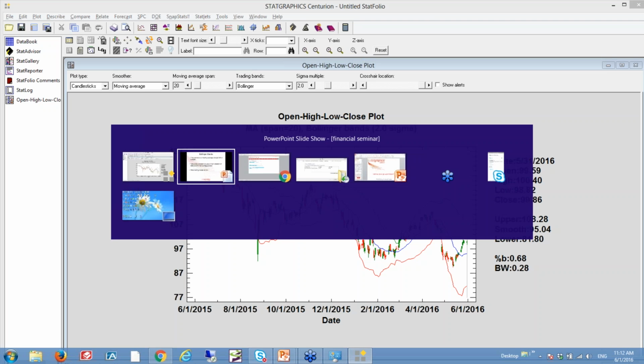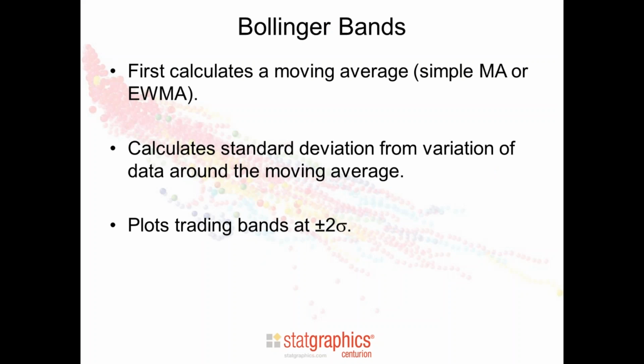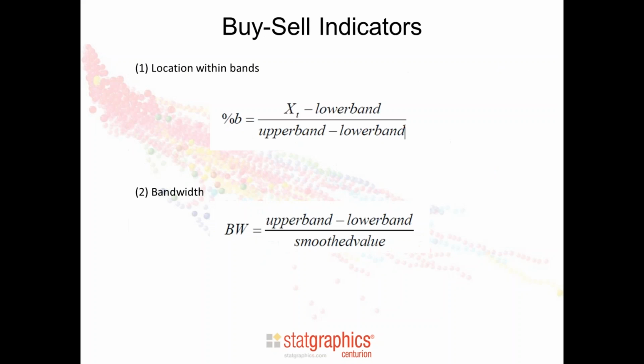A quick summary of what Bollinger suggests: he suggests that you compute 2 indicators. The first indicator is %B. That is the location within the bands.